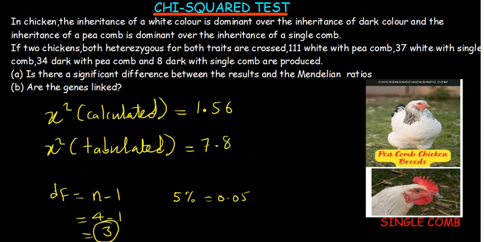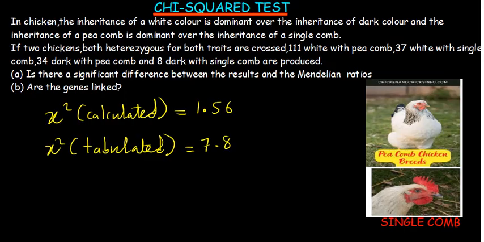7.8. Now at this point, we are going to compare the calculated chi-square and the tabulated chi-square. What do we have? We can see that the one which we've calculated is much smaller than the one which is tabulated. So whenever what you've calculated is smaller than the one which is tabulated, then there is no significant difference.